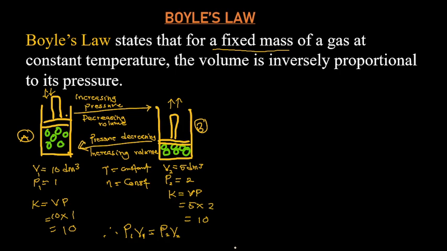So in your exam, okay, before then, let's talk about the graphical representations. Now, talking about the graphical representation, remember we said that P1 V1 will be equal to P2 V2. So let's say we have a graph like this.